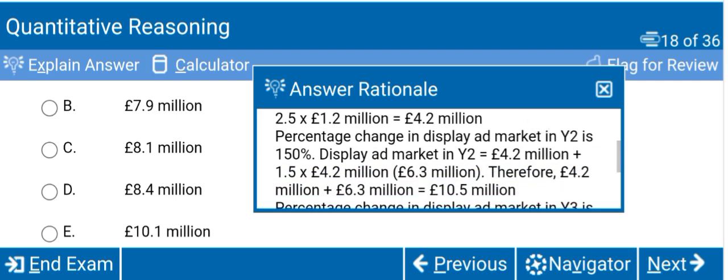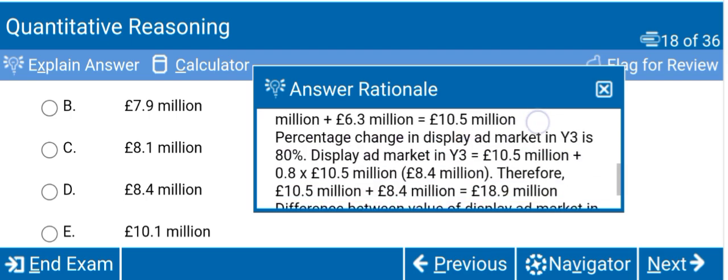The percentage change in display ad market in year 2 equals 4.2 million pounds plus 1.5 multiplied by 4.2 million pounds. Therefore, 4.2 million pounds plus 6.3 million pounds equals 10.5 million pounds.